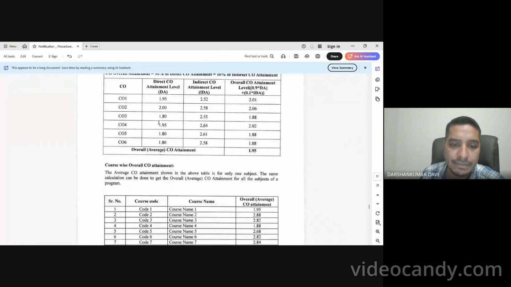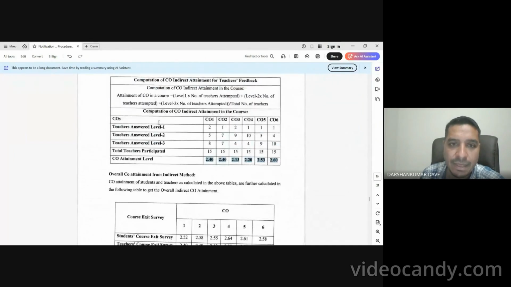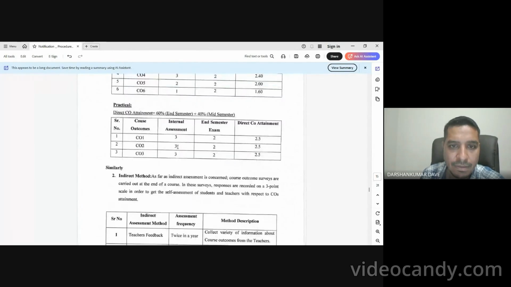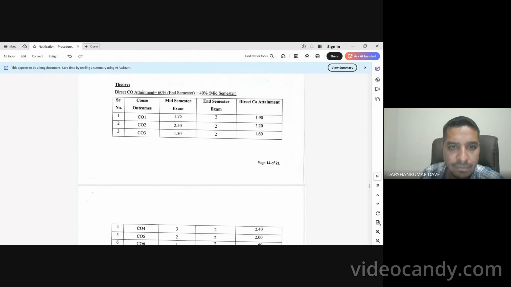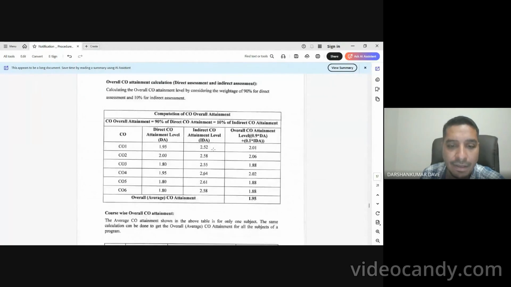These are written here. So I hope you remember this matrix, how it was written. This direct CO attainment level is utilized here.